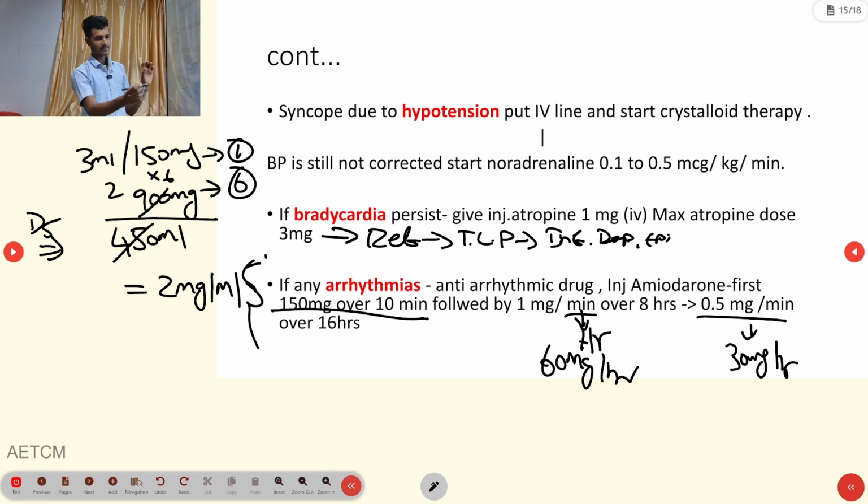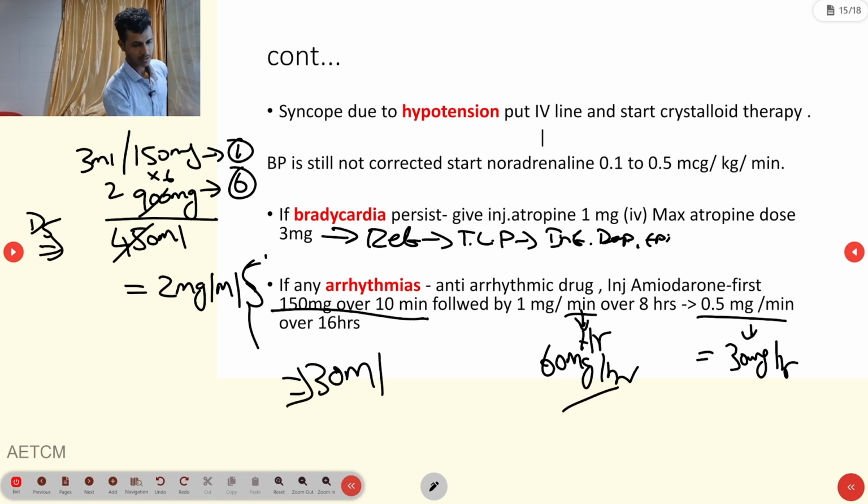So for 60 mg we can administer 30 ml per hour for the first 8 hours. For half of the dose, 30 mg, it is 15 ml per hour over the 16 hours. I think it is easy to remember: just take 6 ampules of amiodarone and then 450 ml of D5.